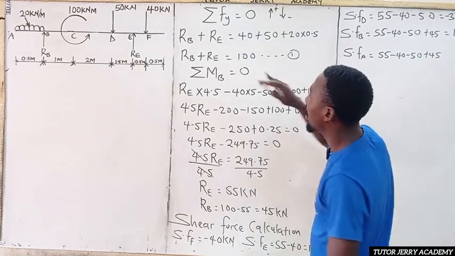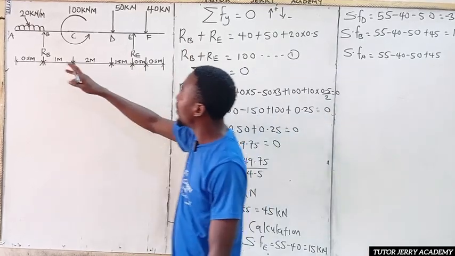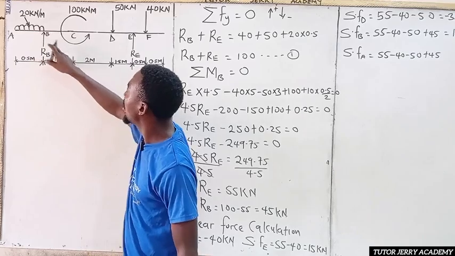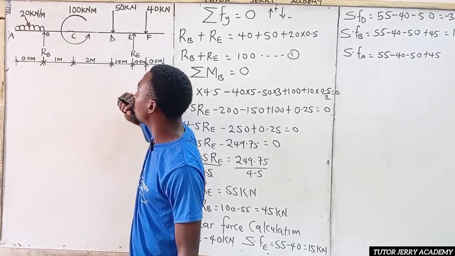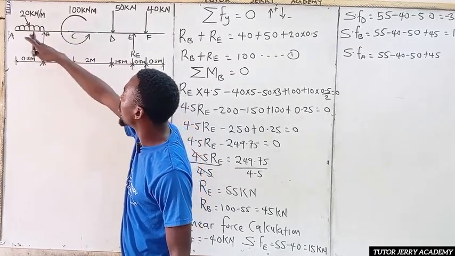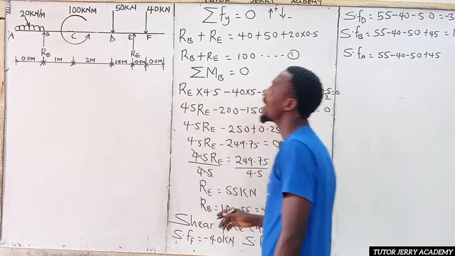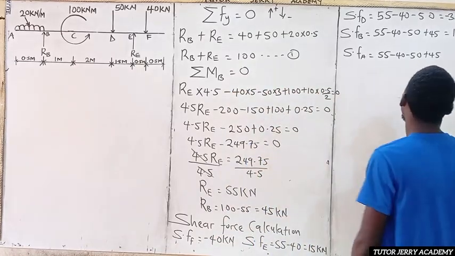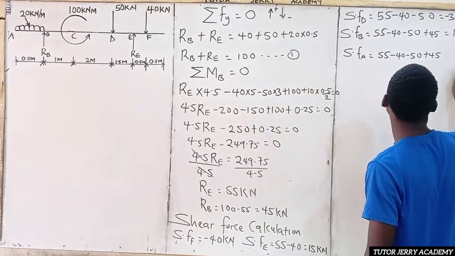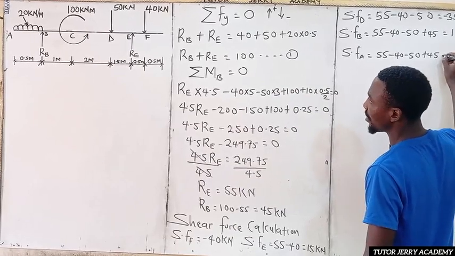And we have a uniformly distributed load, which we are going to convert to a point load. Downward, it becomes negative 20 times 0.5, which is minus 10.